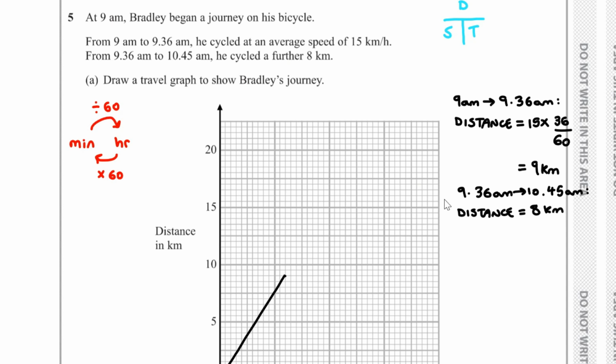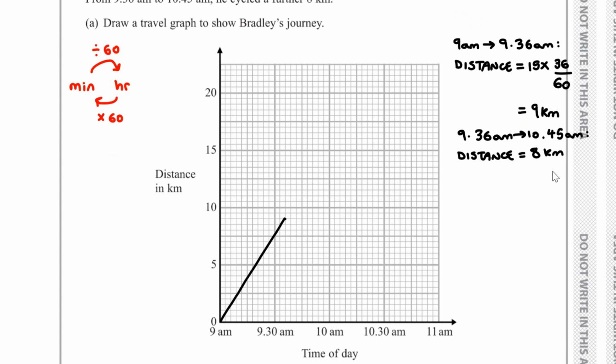So 9 plus 8, that's 17. So at 10:45, he ends up travelling a total distance of 17. So here we've got 16, 17 is over here. So let's join these up with a straight line, as we see.